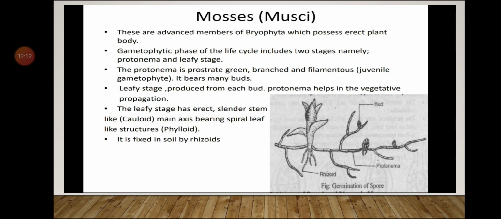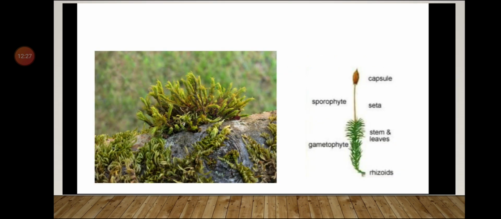The leafy stage has an erect, slender, stem-like cauloid, an axis bearing spiral leaf-like structures, phylloids. You can see this is the leafy stage, having a stem-like structure, leaf-like structures and root-like structures.